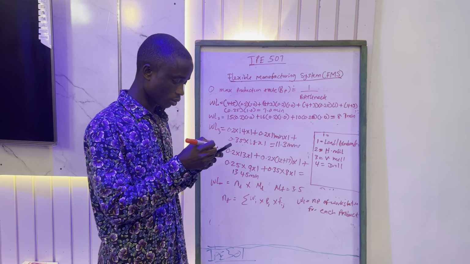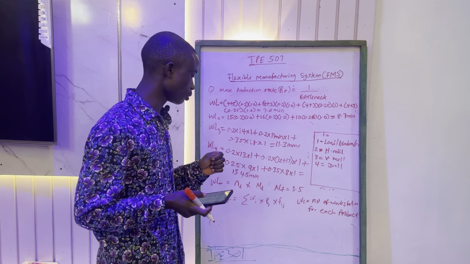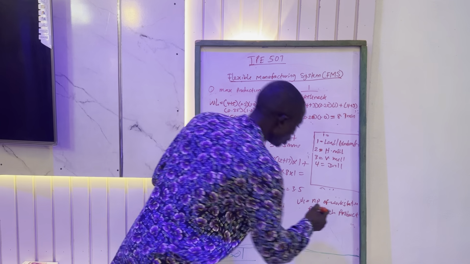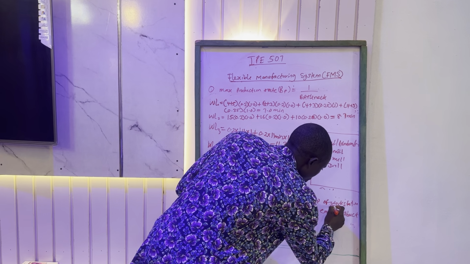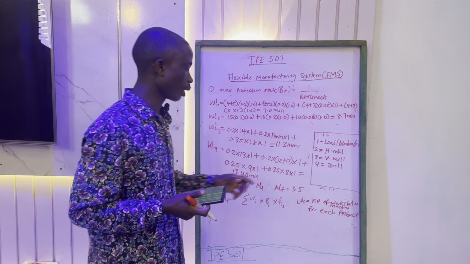We have 4 workstations there, right? Let me use this as the number of workstations, the machine. So I don't want us to get confused, that's why I put slash machine.